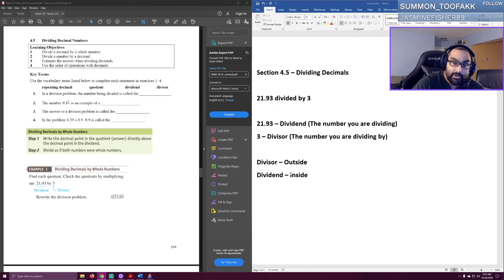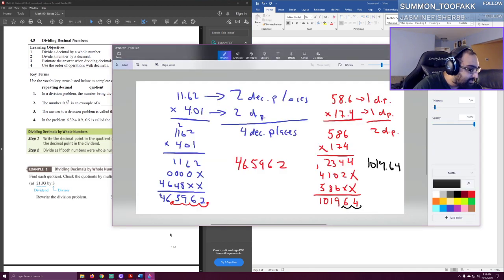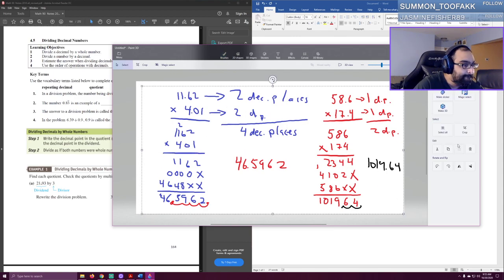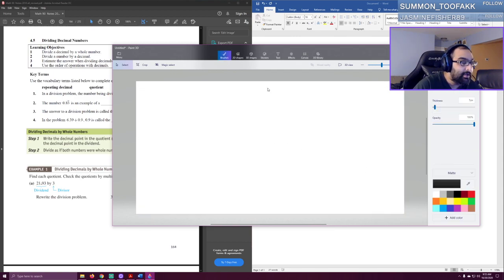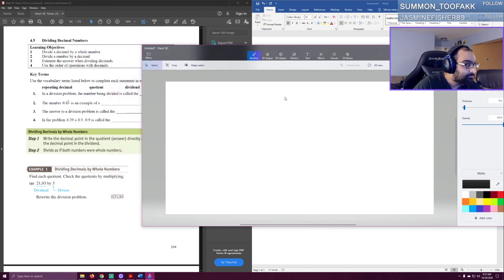Let's go ahead and try this out here, and we'll also talk about the key behind how to do these particular problems. So let's do it. All right. Okay. So if you see something like this, again, remember, it could be 21.93 divided by 3. That looks pretty terrible. Let's try that again.